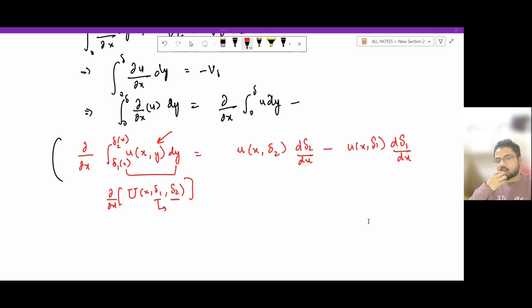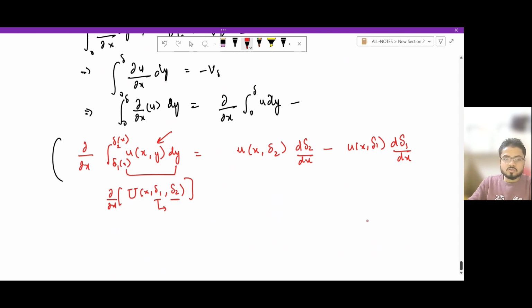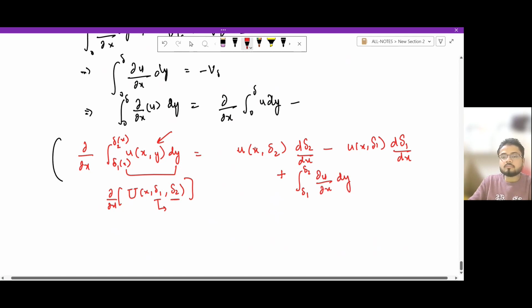This would be the limits part, and there would be another part that you have to add, the integral from delta 1 to delta 2 of del u over del x dy. Anyway, you can find all this in any mathematical textbook.